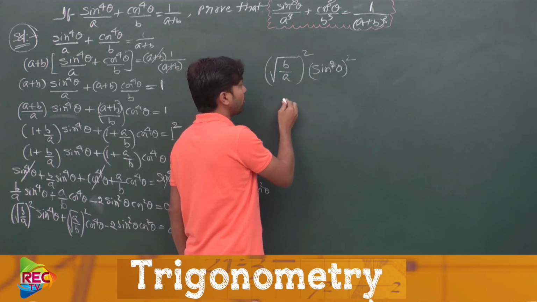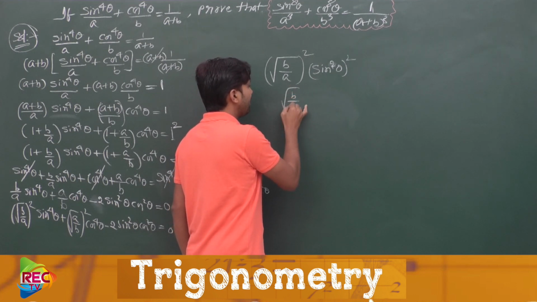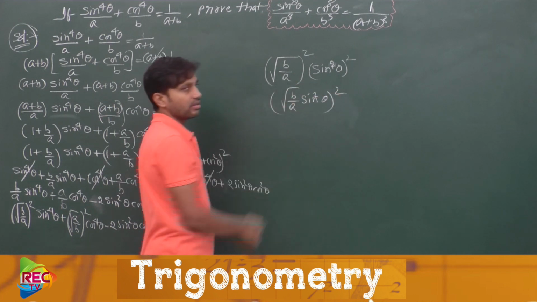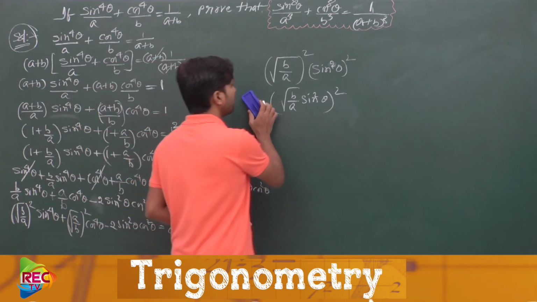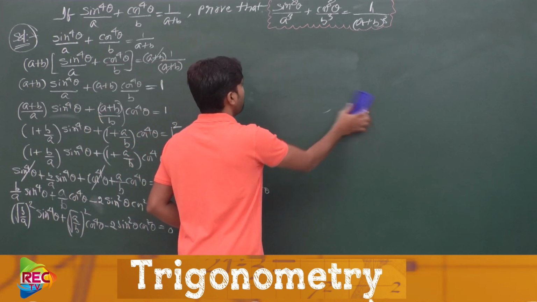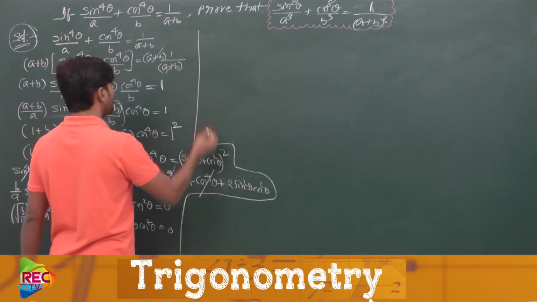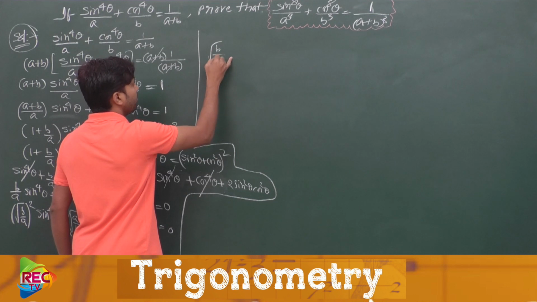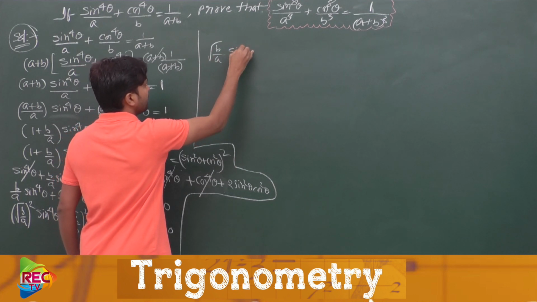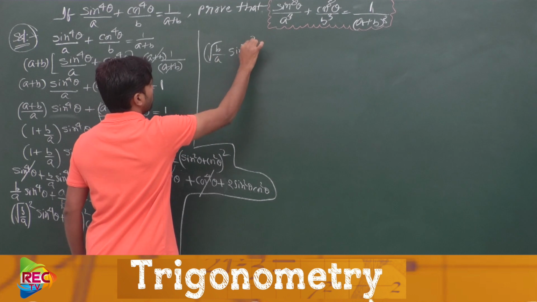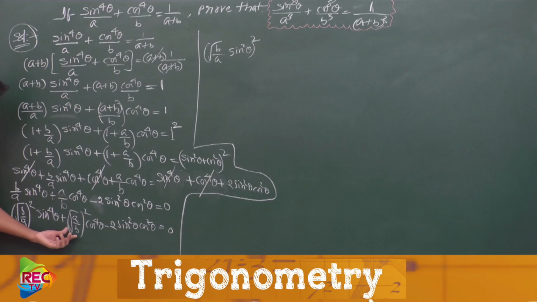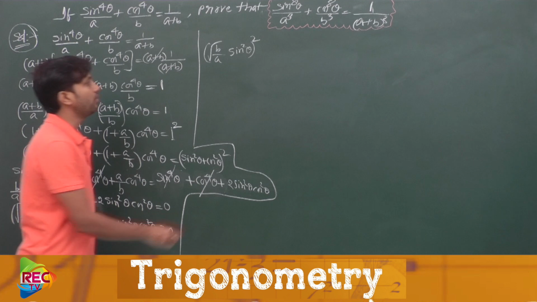So we can write it as (√(b/a) sin²θ) whole squared. Exactly, we can write it like this, so I am using this step here. Similarly, the second term we can adjust as (√(a/b) cos²θ) whole squared.